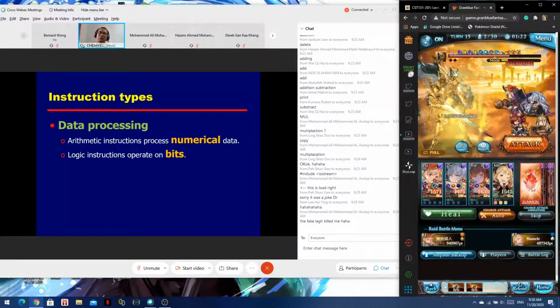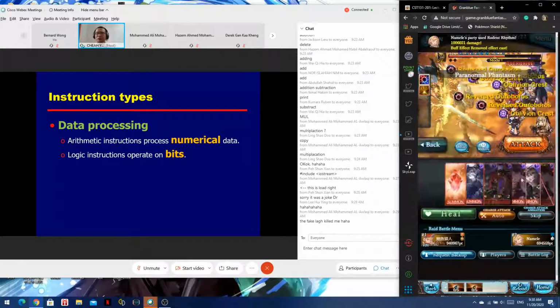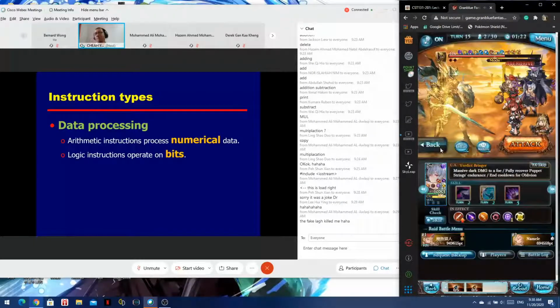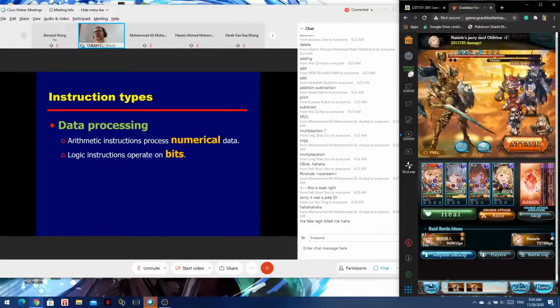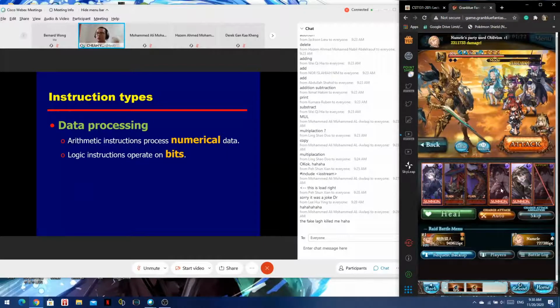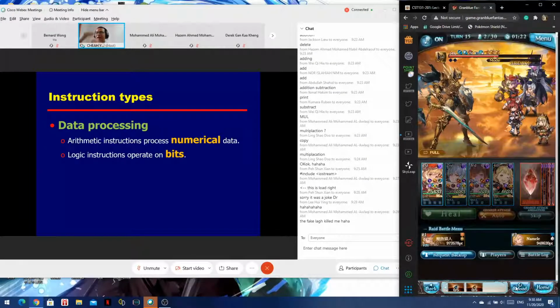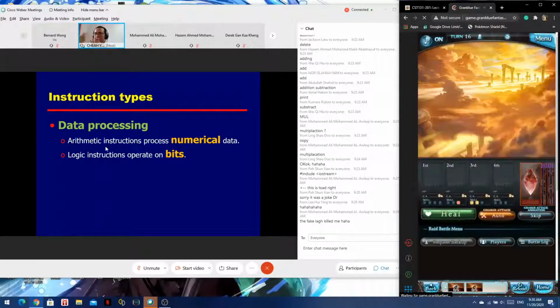Data processing. These are basically your arithmetic instructions to do the numerical data. Some of it may be logical instructions to operate on the bits. So arithmetic does the numerical data, addition, subtraction. The logic operations will manipulate the individual bits, like ANDing and ORing. You're actually looking at the individual bits to do the logic.